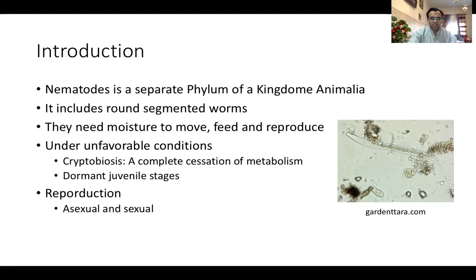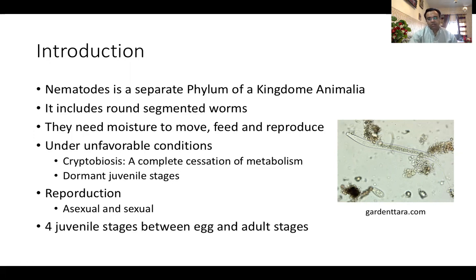The reproduction in nematodes is either asexual or sexual, as in case of microorganism. And these nematodes produce a number of stages in their life cycles. There are 4 juvenile stages that have been observed between eggs and the adult stages.